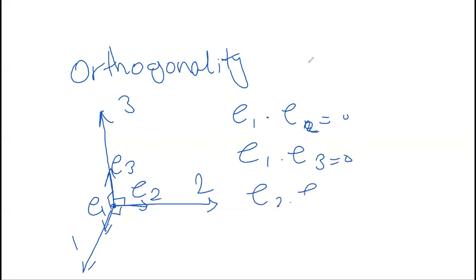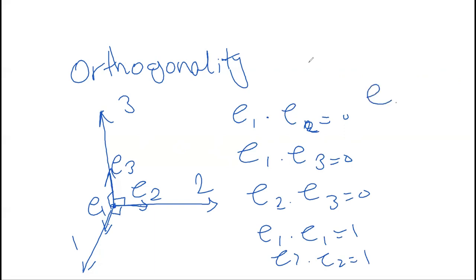E2 by E3 is 0. And E1 by E1 is 1, E2 by E2 is 1, and E3 by E3 is 1. So you see that if you multiply this base function by itself, it's a unit vector.